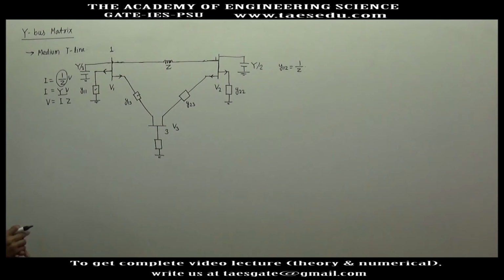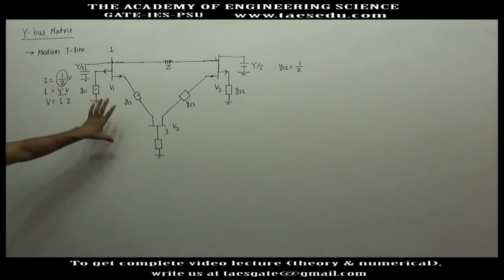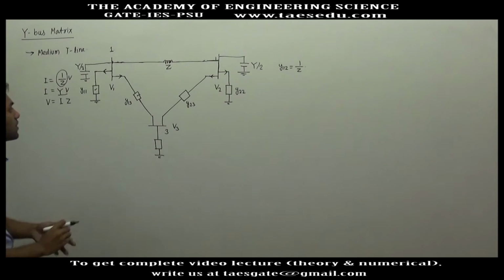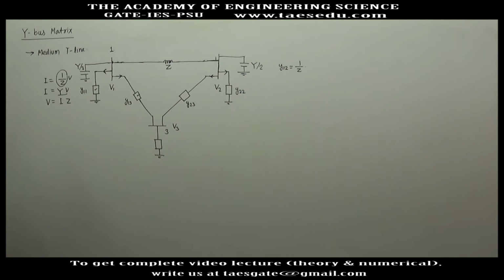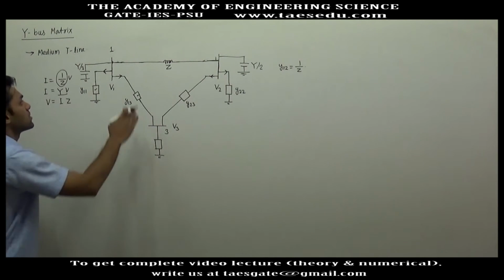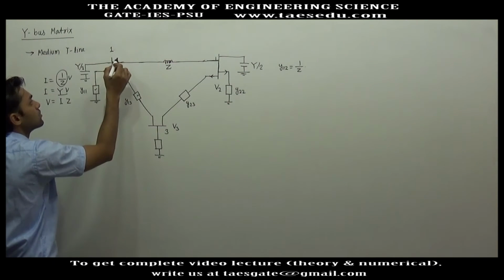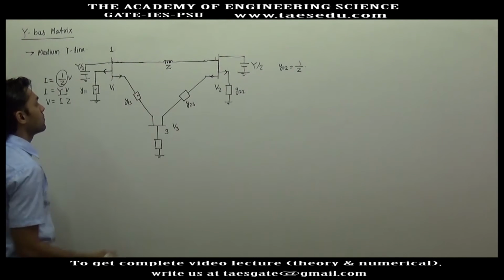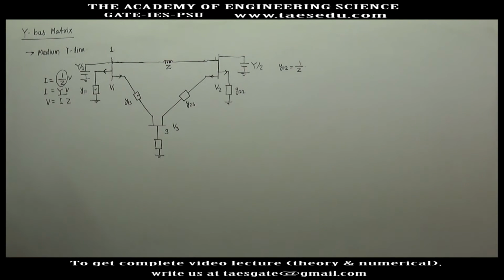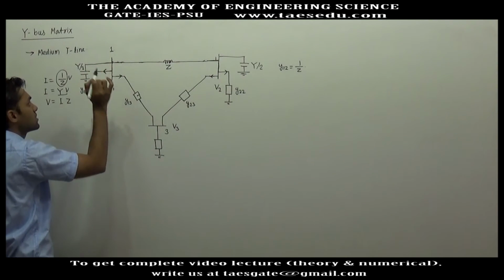So now the shunt part of the transmission line in this system is nothing but the shunt element for buses. In the first experiment you have bus 1, so in this part the shunt part of the transmission line will become the shunt element connected to bus 1.